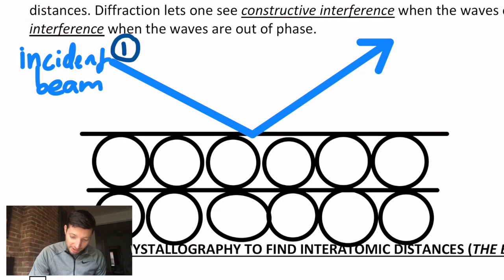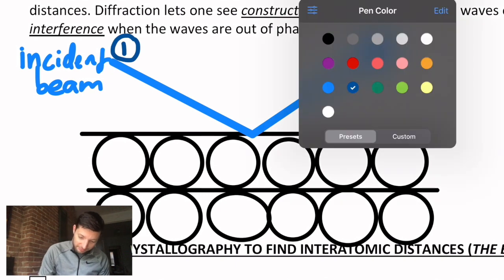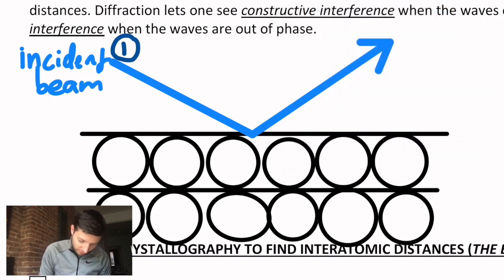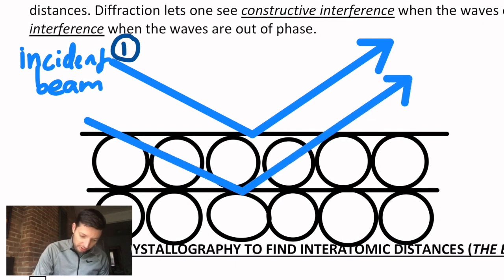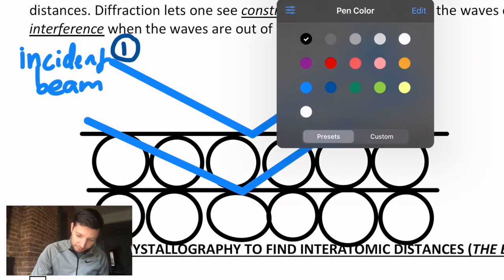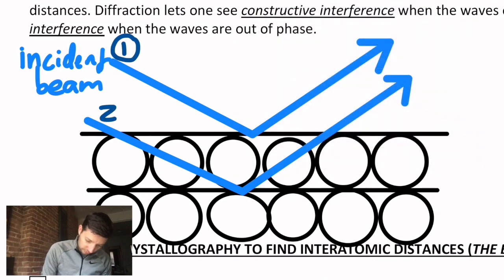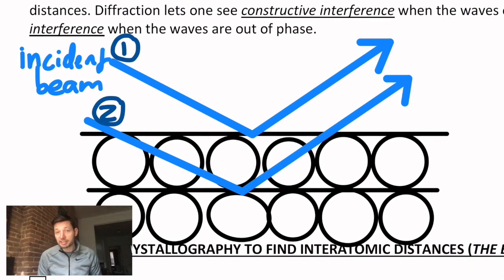And we have another beam coming in at the same angle. So I'm going to draw another one parallel to this, also being reflected. And I'm going to call that beam 2. Both coming in at an incident angle, let's say theta.